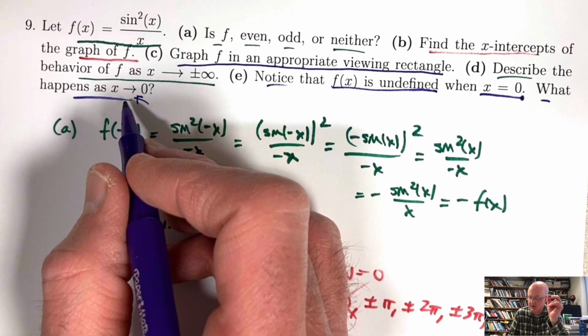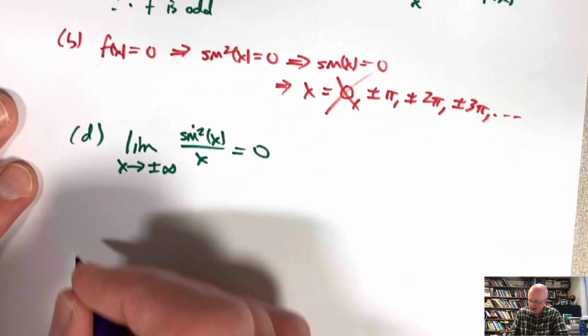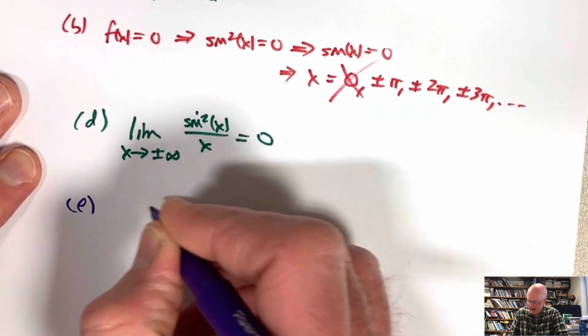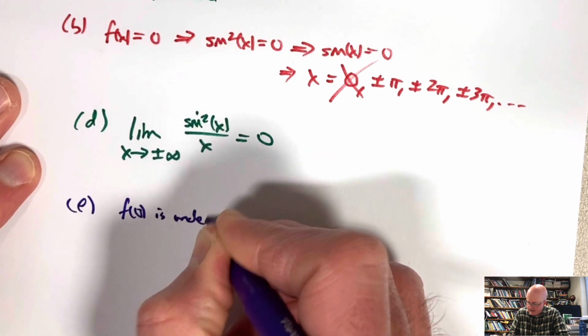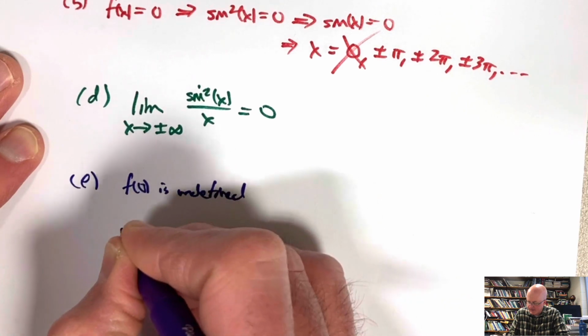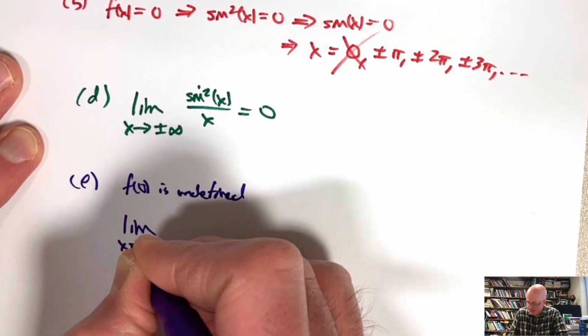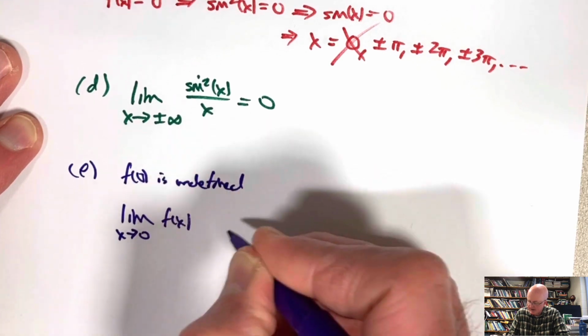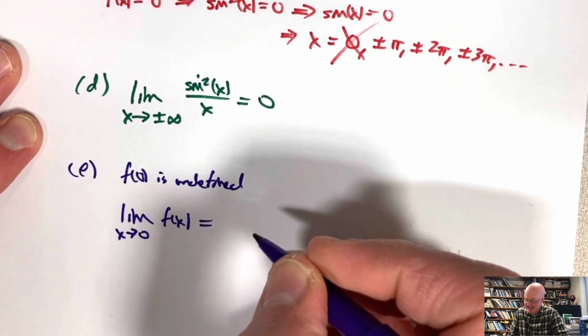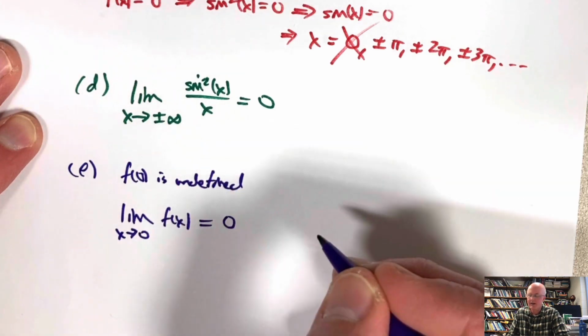This is limit notation as well. Even though f of 0 is undefined, the limit as x approaches 0 but does not equal 0 of this function does exist and is 0.